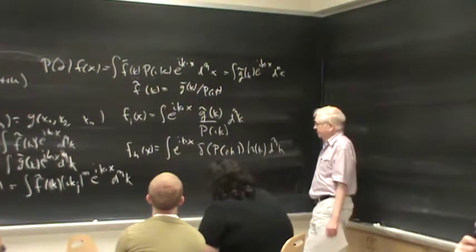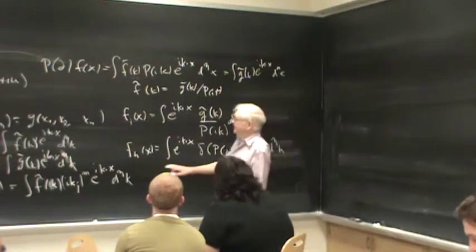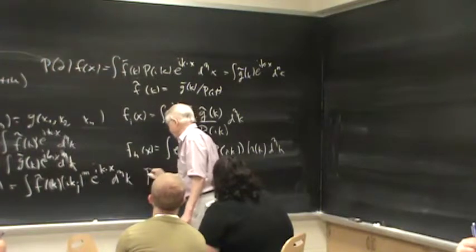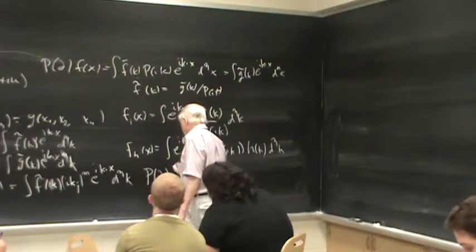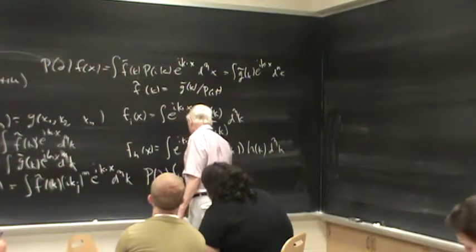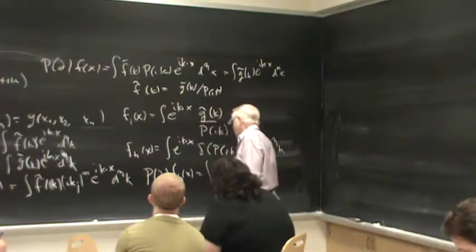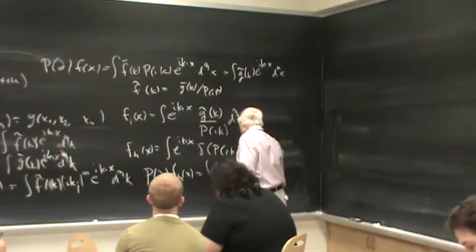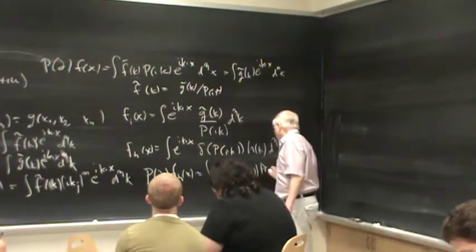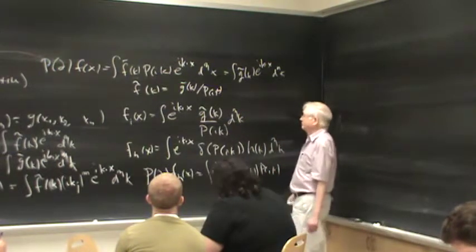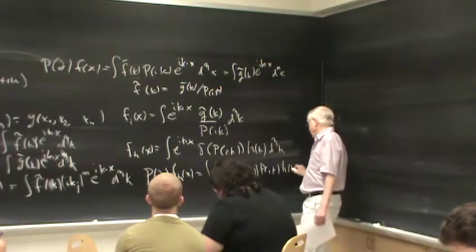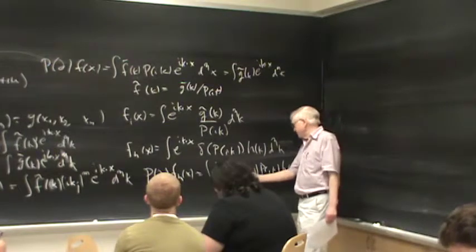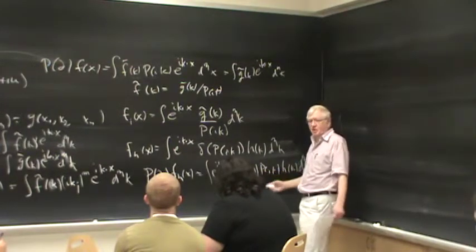And the reason this works is that when you hit this function with p of grad, p of grad on the homogeneous function is an integral of e^{ik·x} delta of p of ik, h of k, d^n k. The delta function is non-zero only where p is zero, so the whole thing is zero.